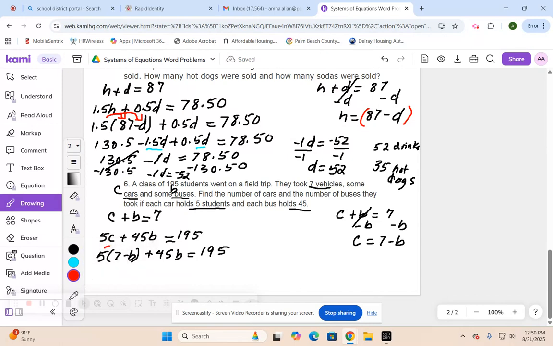Distribute. We'll have 35 minus 5B plus 45B equals 195.